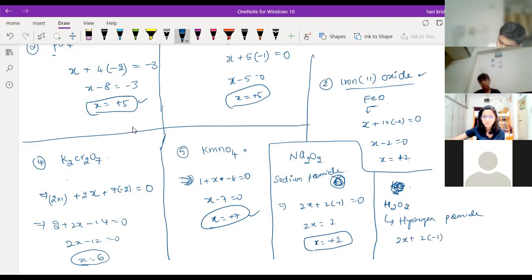Whenever the peroxide format is there, oxygen will show -1 only, equal to 0. So x will be 1 only, right? So the hydrogen state is +1. Understanding? Yes, sir. So this is all about the oxidation numbers.